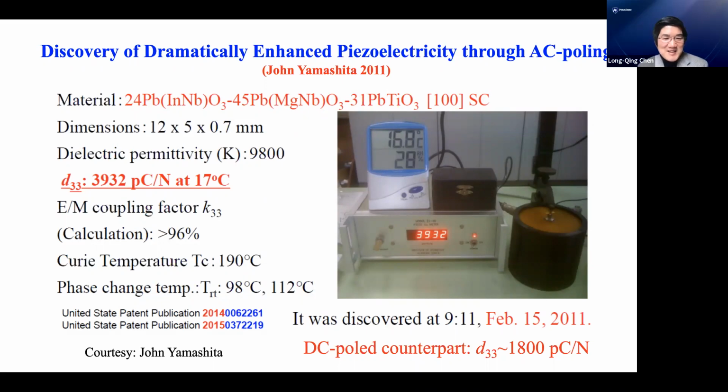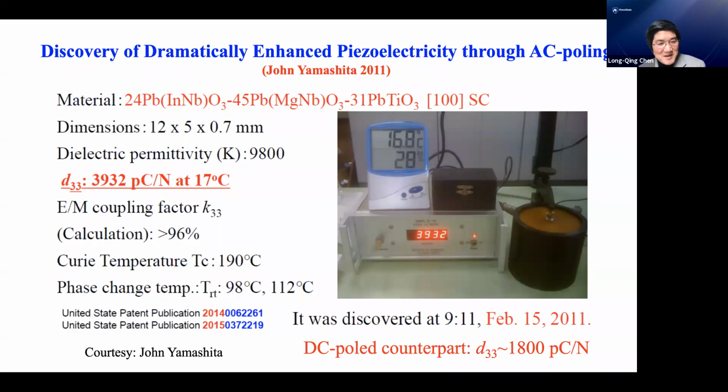He showed that just by AC poling rather than DC, he could increase the piezoelectricity of, in this case, a ternary relaxor ferroelectric crystal, almost doubling it. As you can see in his picture, it achieves almost 4,000 picocoulomb per Newton, almost double what was achieved in the crystal where people typically use DC poling.